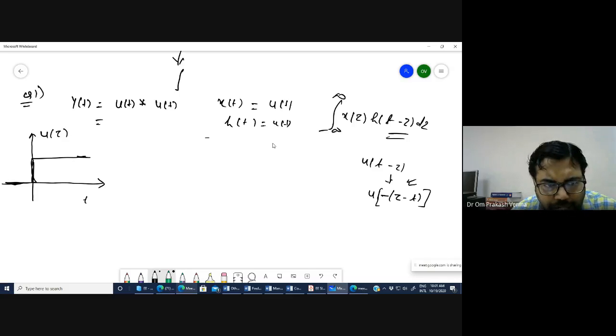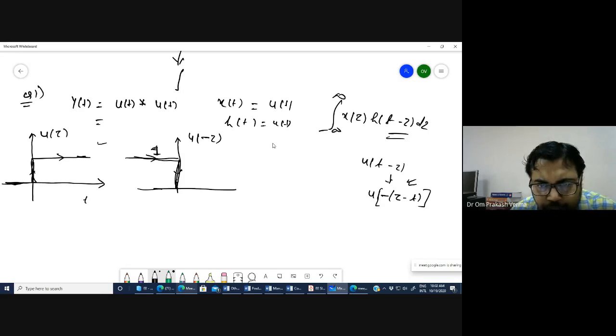So first, if you got u(tau), then how do you get u(minus tau)? You just apply the reversal rule, and you get u(minus tau). Nothing else, right? What is u(minus tau plus t)?